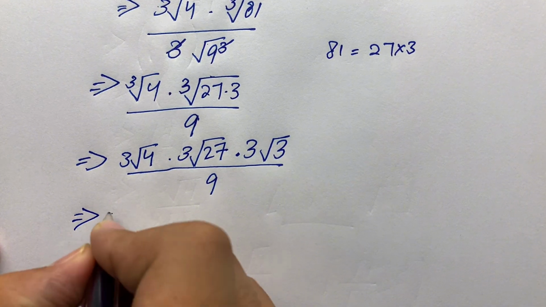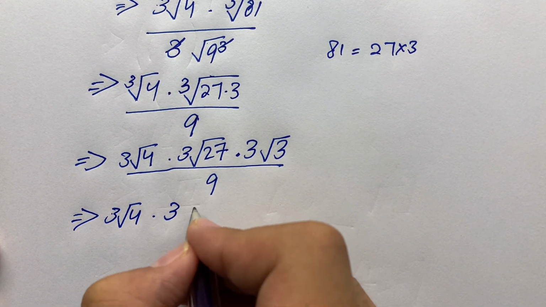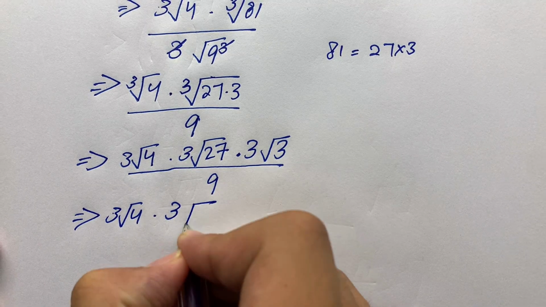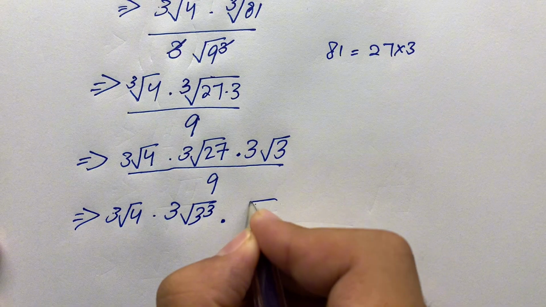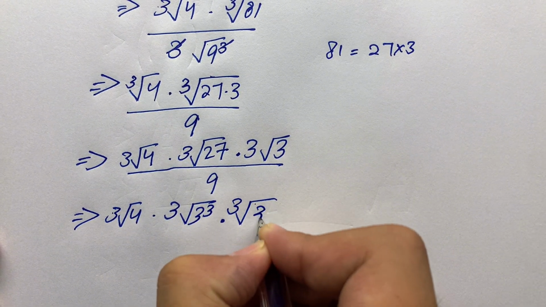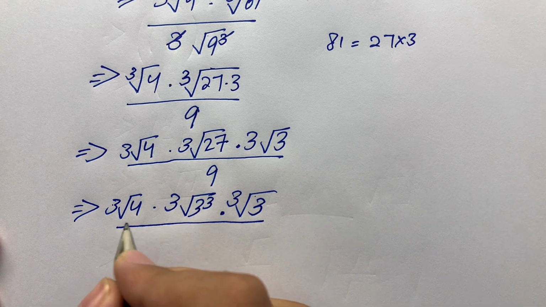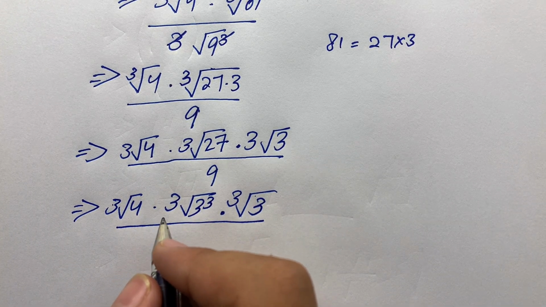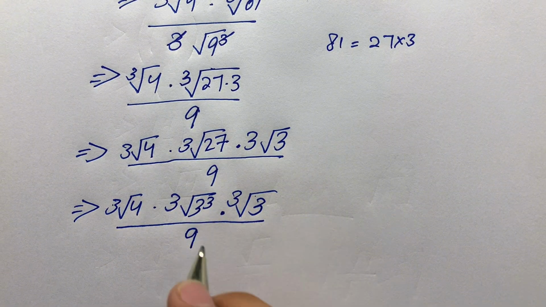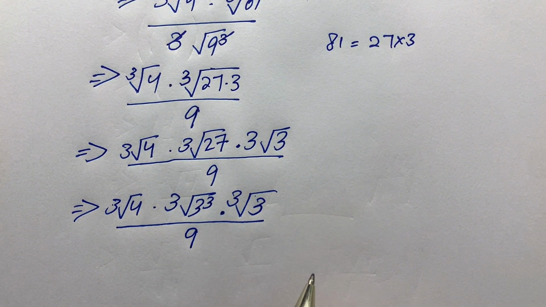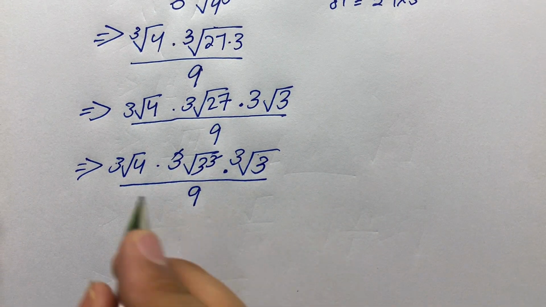So in next step, 3 into under root 4 into 3 into under root 3 into 3 into 3 into under root 3 divided by 9. So in next step, this 3 cut by this remain 3.